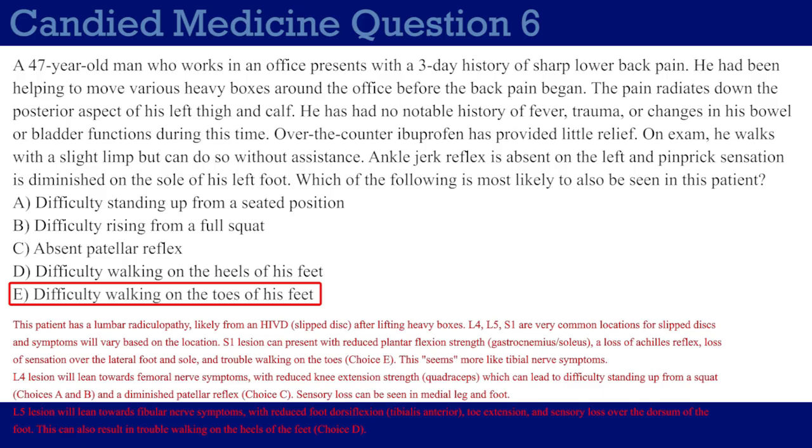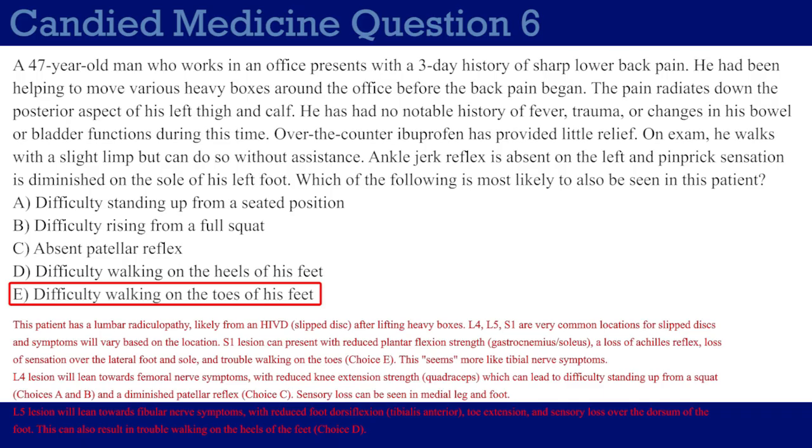I was just throwing that in because that's a pretty high-yield thing to know. So going back to what I was saying about separating L4, L5, and S1 into femoral, fibular, tibial, respectively, choice D, difficulty walking on the heels of his feet. Well, if you think about difficulty walking on your heels, that would be me flexing my foot dorsally. So that would be more of a fibular nerve action, which is more related to an L5 lesion.